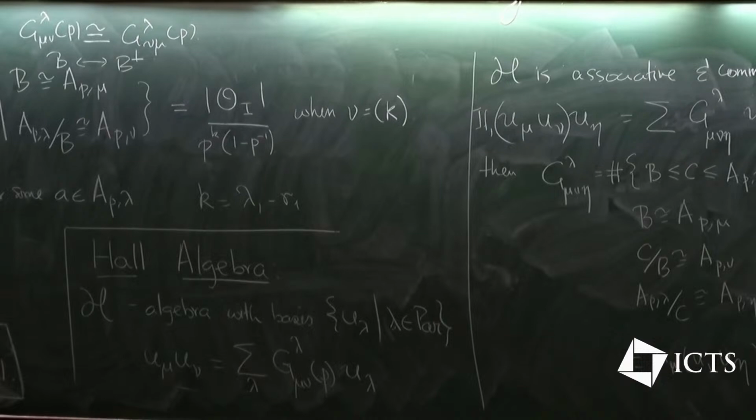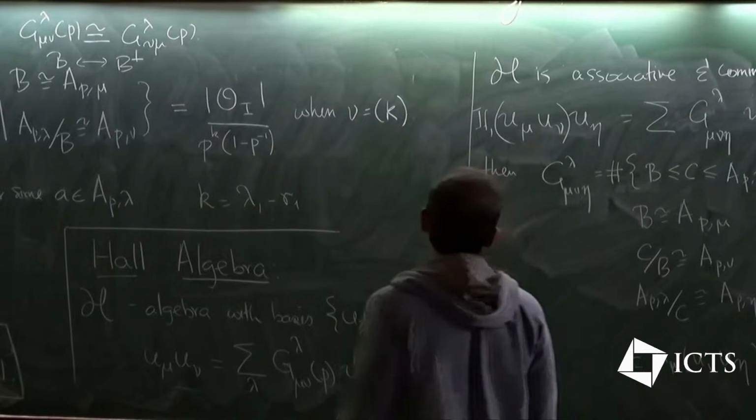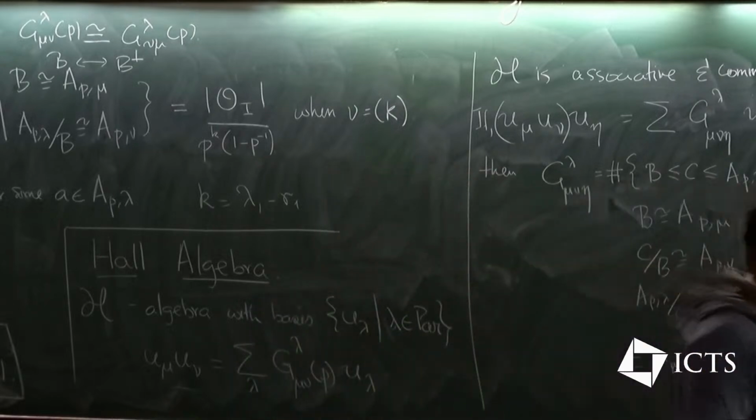So we have this lovely algebra, with basis elements indexed by integer partitions, and we call it the Hall algebra. And we've already seen one nice thing, we know some of its structure constants, and they're actually very nice polynomials in P. Right, just p to the something times a product of 1 minus p to the minus something.